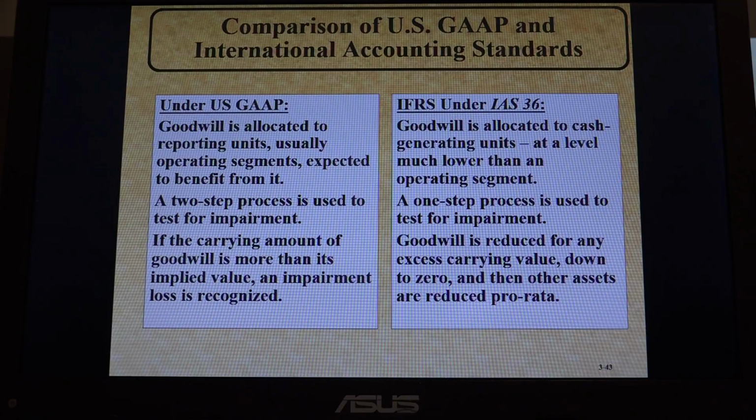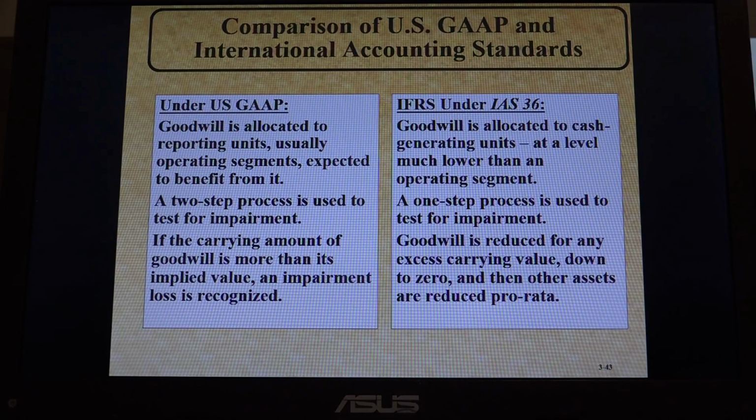And so there's never any reduction in the value of the reporting unit's underlying net assets, just the goodwill. Not true under IFRS.